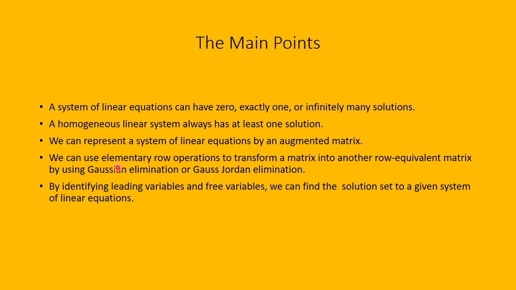And once we have this matrix in row echelon form or reduced row echelon form, we can identify the leading variables and the free variables and can use that information to find the solution set to a given system of linear equations. I hope you enjoyed this lesson, and please continue with the following lessons to come.